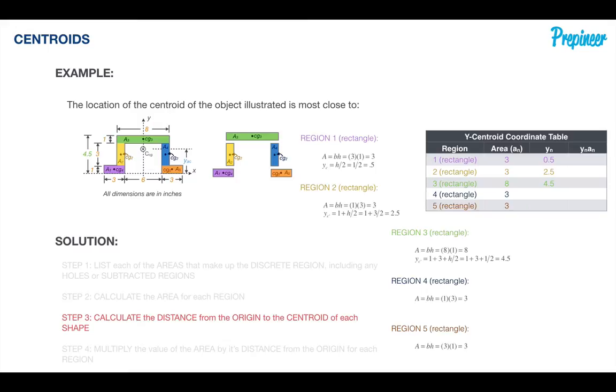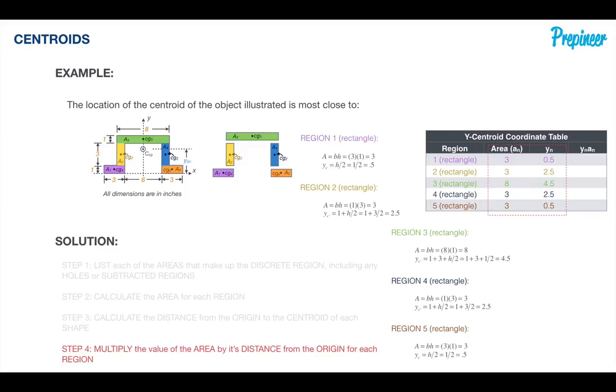Now I mentioned this once already, but recognizing symmetry, the y-coordinates for the centroids of region 4 and 5 must be identical to those of region 1 and 2, which give us a y-coordinate for region 4 of 2.5 and region 5 as 0.5.